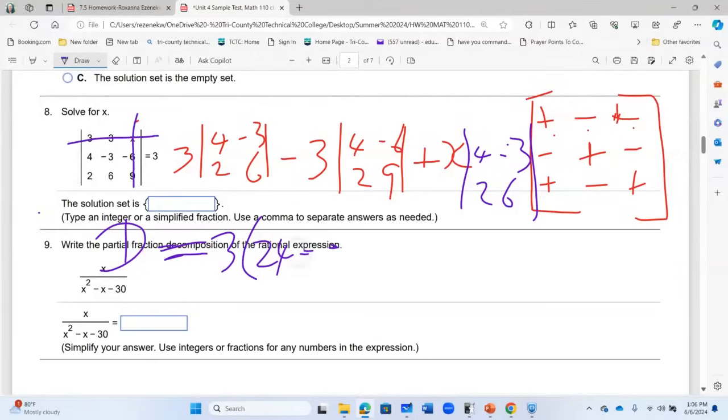So I'm just going to have 24 minus what is already there before, so minus 6. All right, that's for the first cofactor. The second cofactor will be negative 3, and then find the 2 by 2, evaluate the determinant. 4 times 9 is 36. 36 minus 2 times 6 is negative 12.